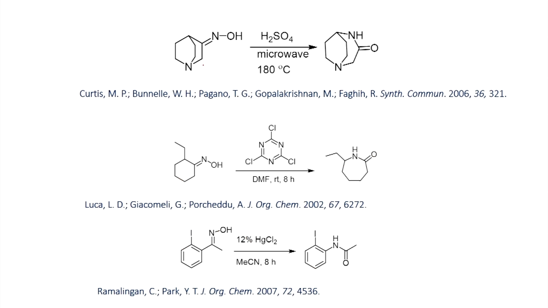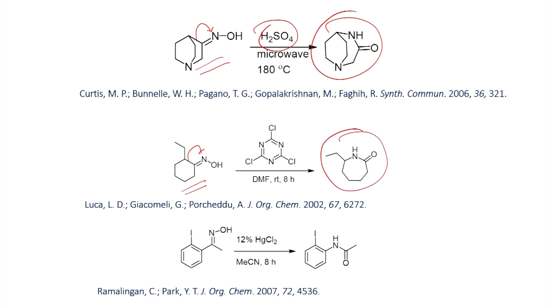And here some examples are shown. For example, in this case, as we have seen, when you react with sulfuric acid, it can undergo migration, and you will be able to get this lactam as the product. And for example, in this case, this can undergo migration, and you will be able to get this substituted caprolactam as the product. Here again in this case, this aryl ring undergoes migration because it is trans to this OH group, and you will be able to get this amide as a product.